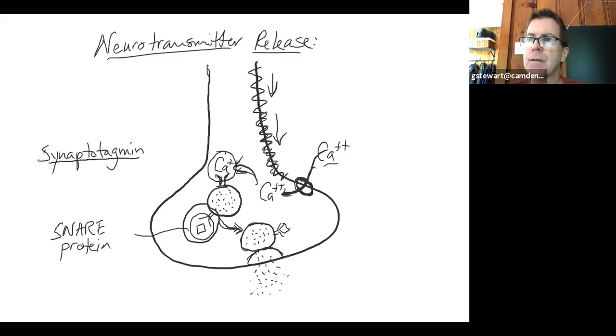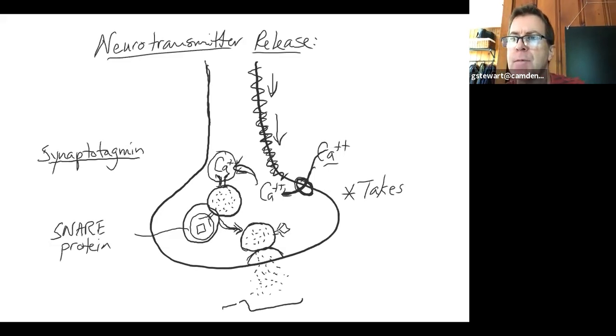This is the rate limiting step. When I was a student, my instructor asked me, what do you think of neurotransmitter being released, migrating across the synaptic cleft and binding to receptors on this postsynaptic cell?